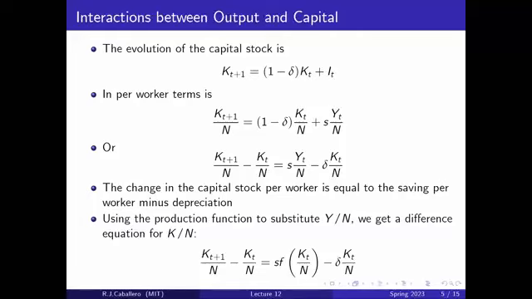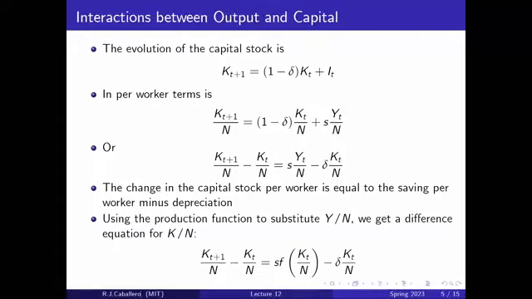Okay? And we rewrote things and replaced the saving function and so on, and we end up with an expression like this that says capital per person grows with investment, which is funded by savings, which is an increasing function of output, which in turn is an increasing function of capital per person, minus whatever is the depreciation.